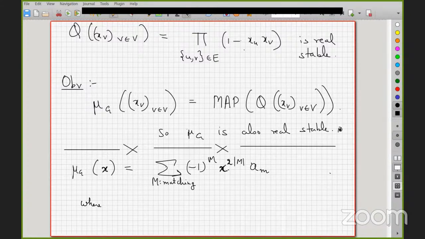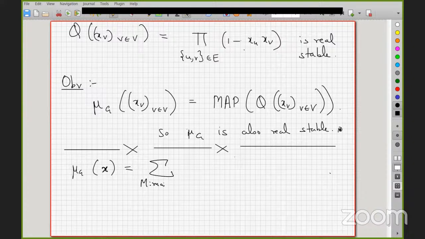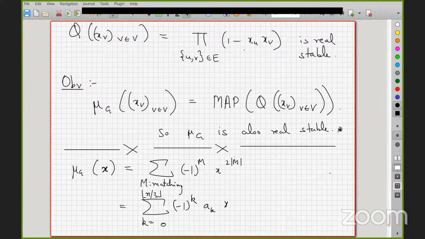So what I want to write is this: the sum of minus 1 to the k, a_k, x to the 2k, where k goes from 0 to n by 2, and a_k is the number of matchings of size k.